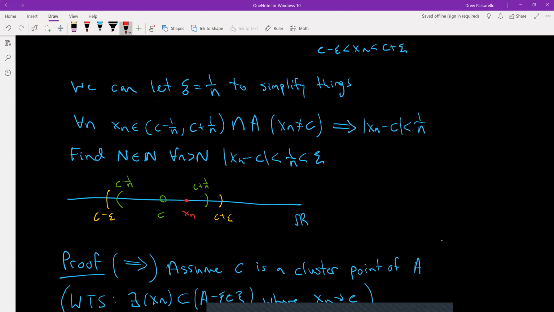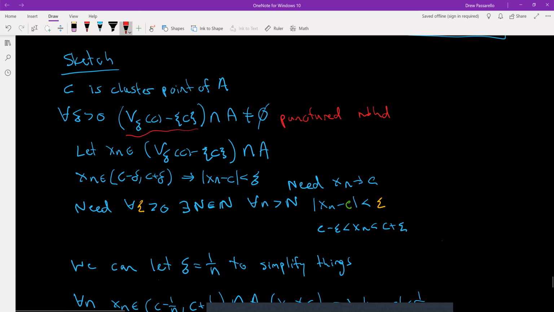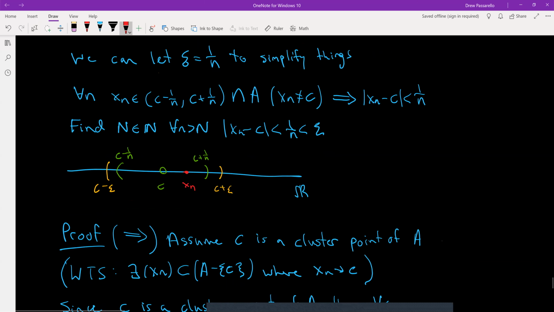So we can find a capital N, so that for all little n bigger than capital N, the distance between xn and C is less than 1 over n, which is less than epsilon. All right, this is the sketch of the main points. And here's a visual.